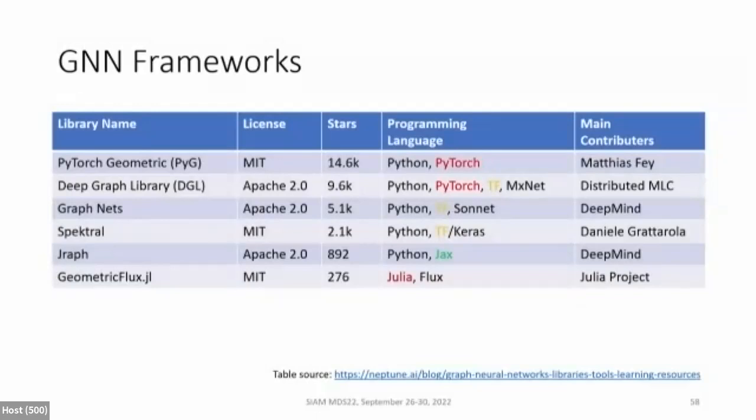Or if you are a TensorFlow person, I think the library developed by DeepMind, GraphNets and Spektral, will be very nice candidates. If you like PyTorch, I think PyG and DGL are also good candidates. But in our tutorial, we just use PyTorch Geometric.